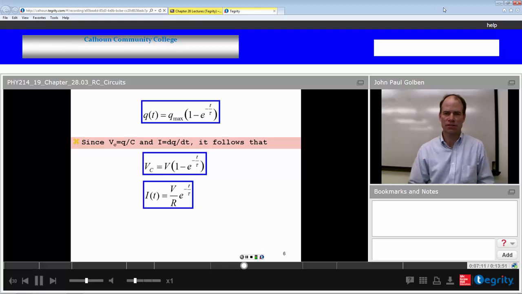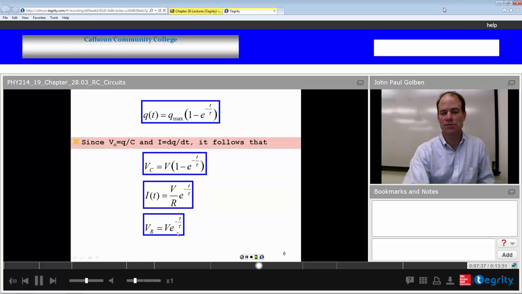The derivative of the charge with respect to time is the current. And with a little bit of algebra, that comes out to V over R, e to the negative t over tau. V over R is the maximum current, and then I have an exponential in negative t over tau. So when I first close the switch, I'll have a maximum current at t equals 0, and then it will exponentially decline after that.